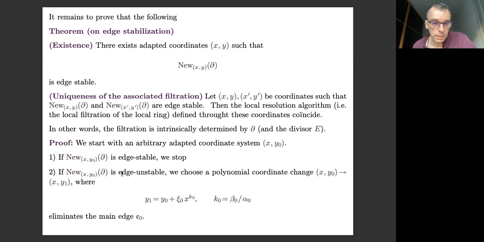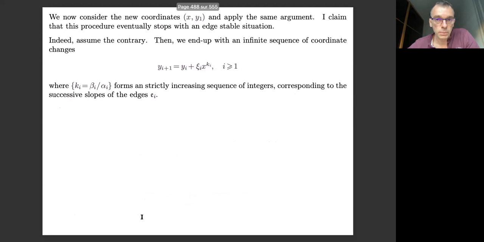Otherwise, if x, y0 is edge unstable, then by definition there exists a polynomial change of coordinates of this type: y1 equals y0 plus psi0 times x to the k0, where k0 is the slope, which eliminates all along the main edge E0. So now you pass to these new coordinates x, y1, and you start again. I claim that this procedure eventually stops and you attain an edge stable situation.